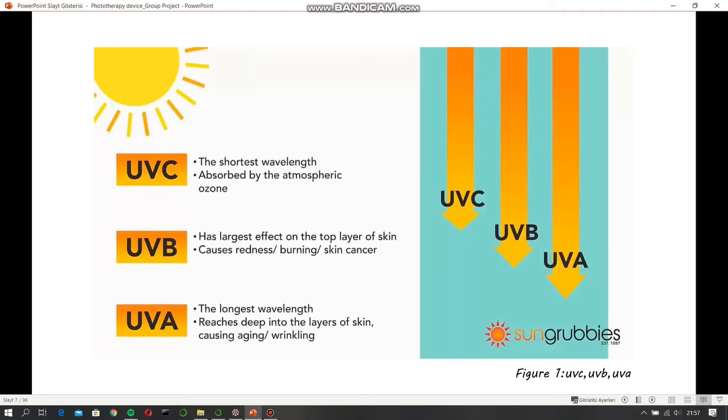Ultraviolet B has the largest effect on the top layer of skin, and it also causes redness, burning, or skin cancer. Ultraviolet A has the longest wavelength, and it reaches deep into the layers of skin, causing aging or leaking.